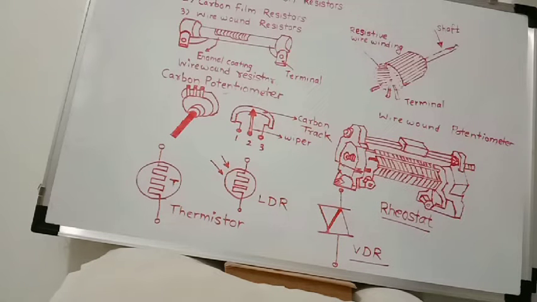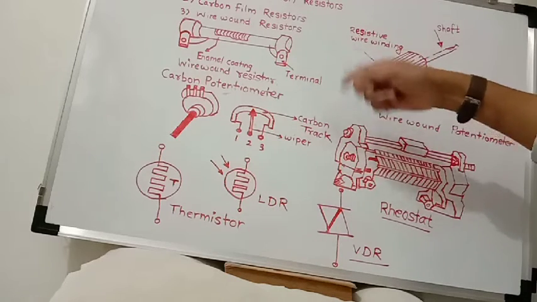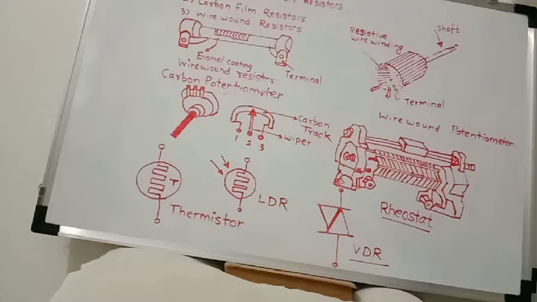After the wire is wound, the whole structure is then coated with enamel containing glass powder.